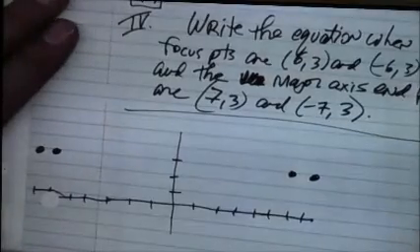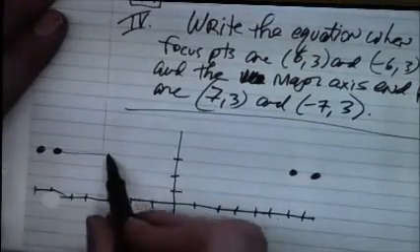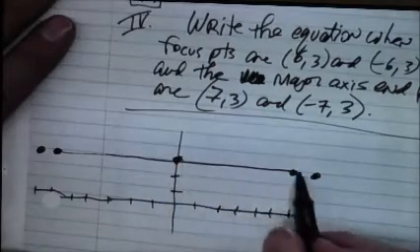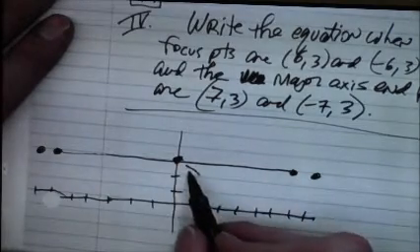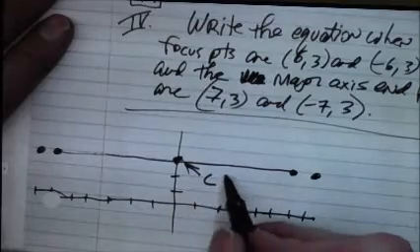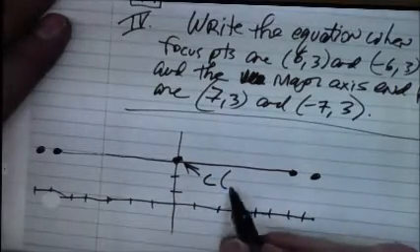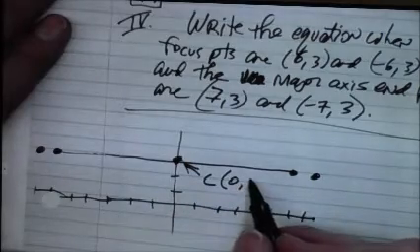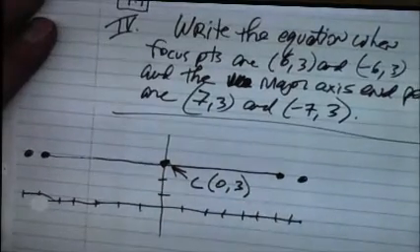So using those numbers, you can sometimes still figure out what you're doing without doing a little graph, but I think it helps to do this. Because I now know if I go right in between these, the center is right here, right in between either line, and that tells me what my h and k are. The center will be 0 for the x and +3 for the y. So I now know my center.